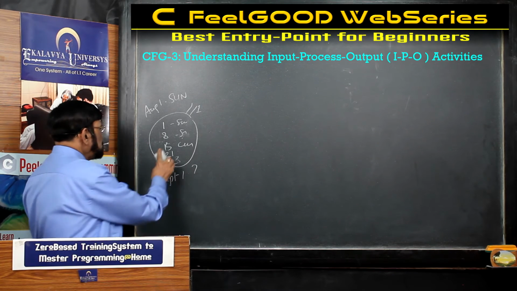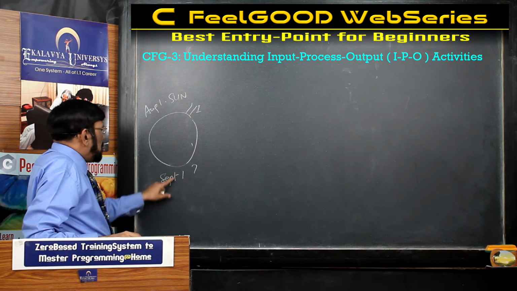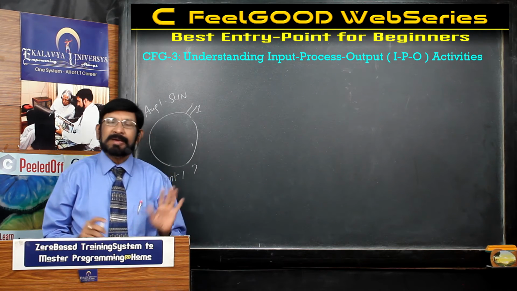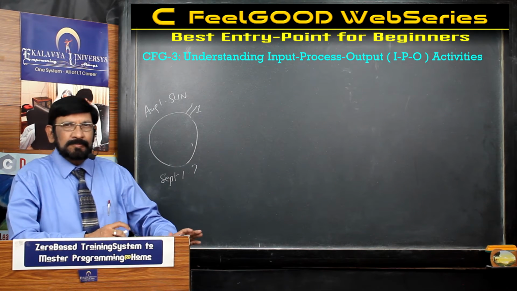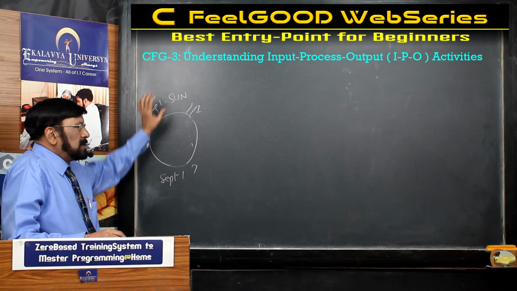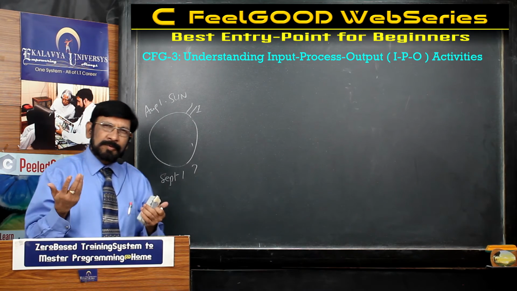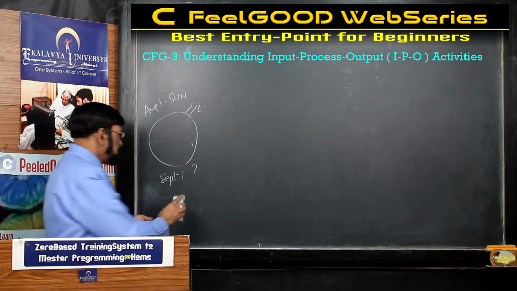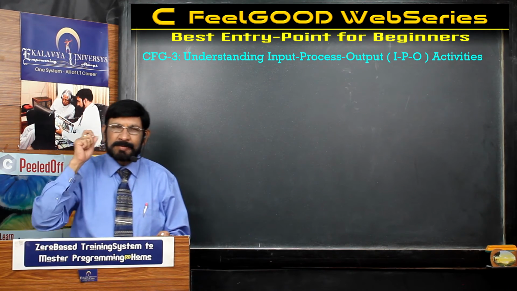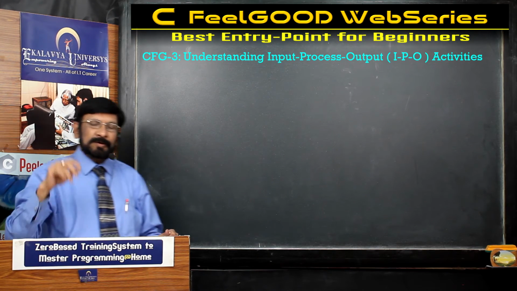Like that, it applies whatever logic you know, and ultimately it gives that September 1st is Thursday. This is the process, and in this way your brain also functions as IPO. Because of that, for all your questions you get answers. Every minute, every second, your brain takes some inputs, makes a process and gives the output. You have to understand that point.